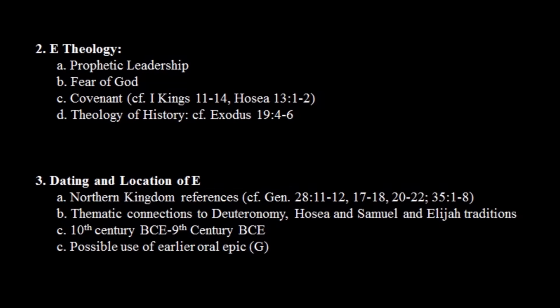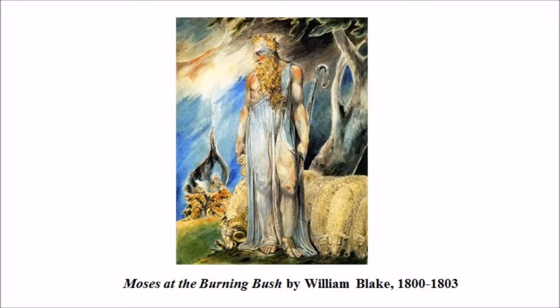There were epic cycles of various traditions about the patriarchs and about God and the Exodus that were probably part of oral epics, like Homer, with bards and minstrels who would chant these things, and also about the various kings and so on and so forth. So there seems to be a strong element of the use of material from an earlier oral epic in the E material. Yes, Dan?